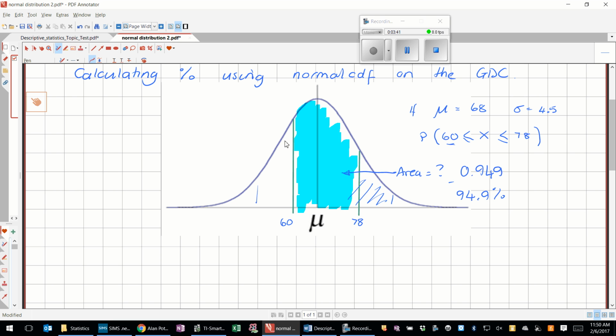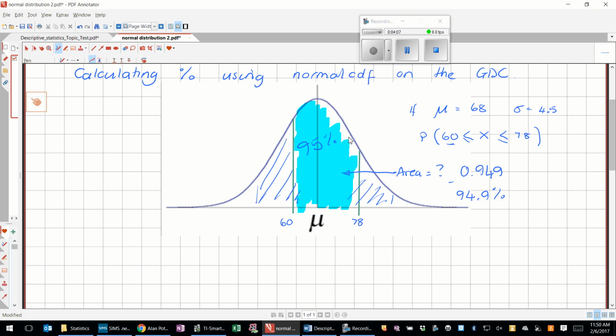It doesn't matter, I'm just showing roughly where it is either side. So this area would be 95%. That's what we mean by that. Any questions on that?